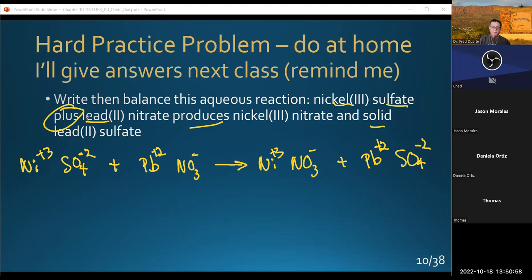So what I did first is write everything in ionic form. All right, so now I can put them together in the correct ratio, so I have the formula.